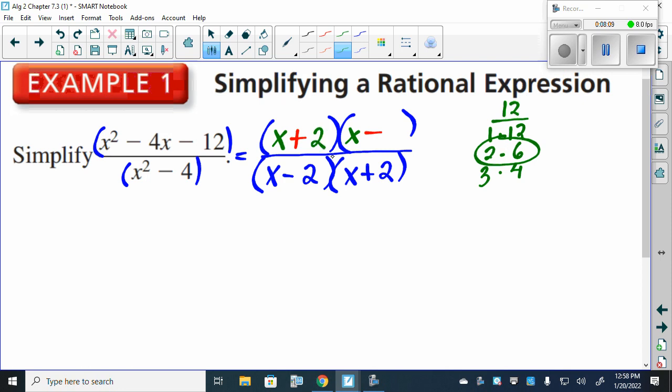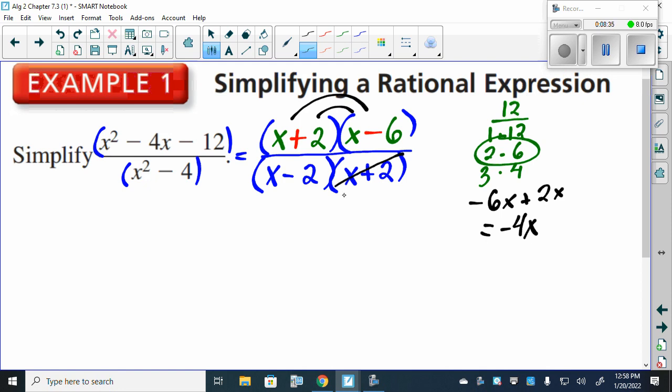Now we can set 2 as positive and 6 as negative. If we check this, just to make sure we got it right, x times negative 6 would be negative 6x. 2 times x would be plus 2x, which would give us a negative 4x, which we wanted. Yes? So do we have something in common on top and bottom?